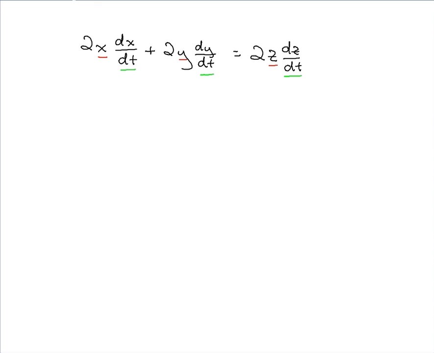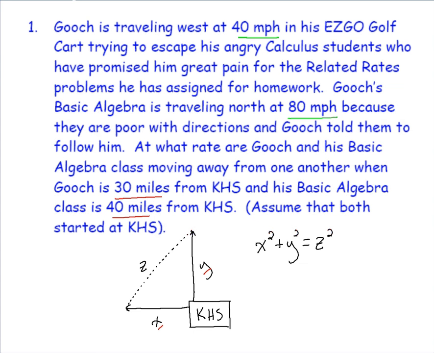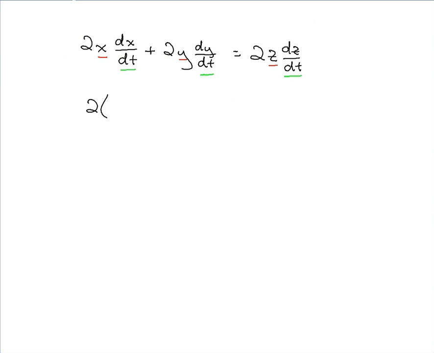If I plug it in, we've got 2 times x. x is the distance that I am away from the high school. What was that distance again? It was 30, okay. dx/dt is the speed that's associated with me, so my speed was 40 miles per hour.